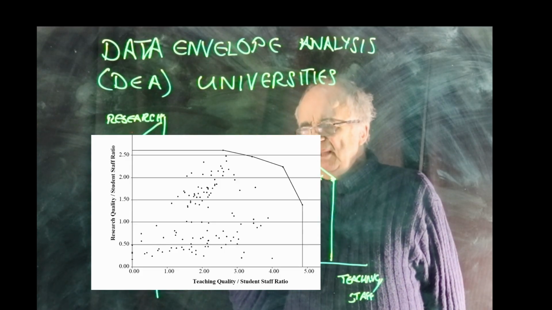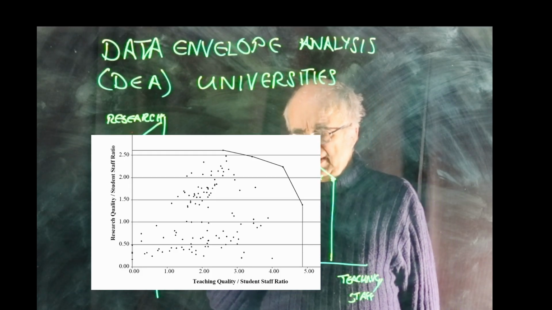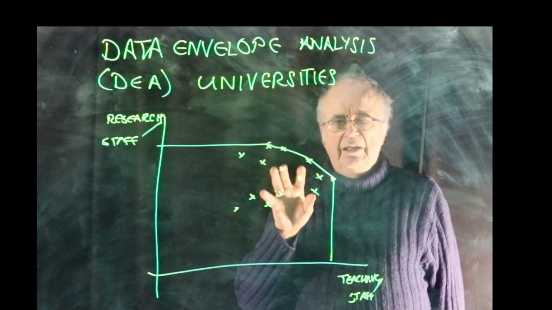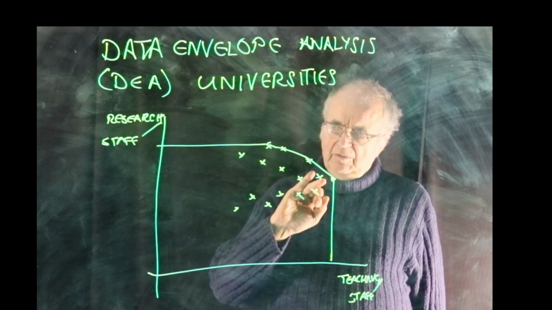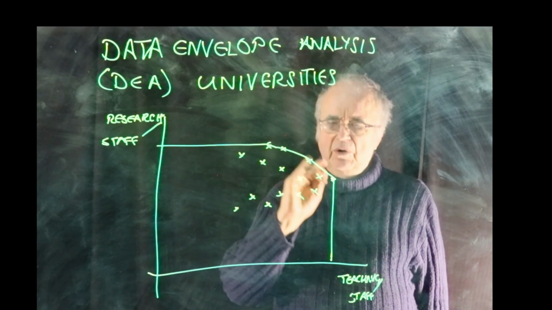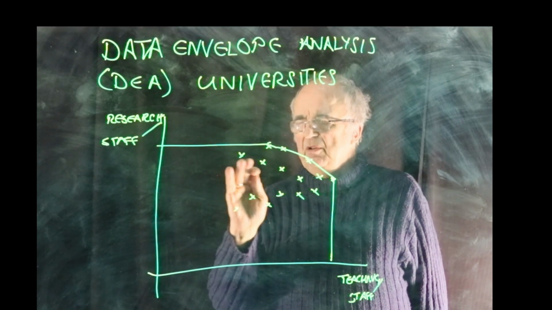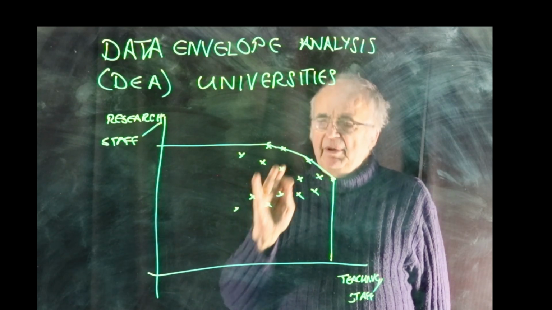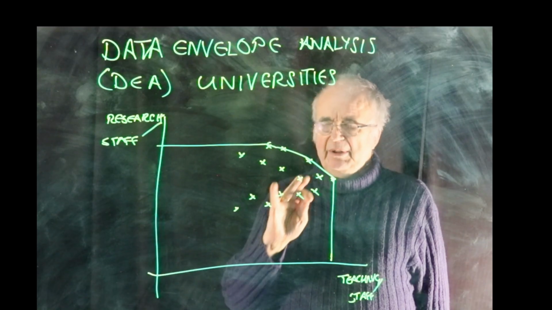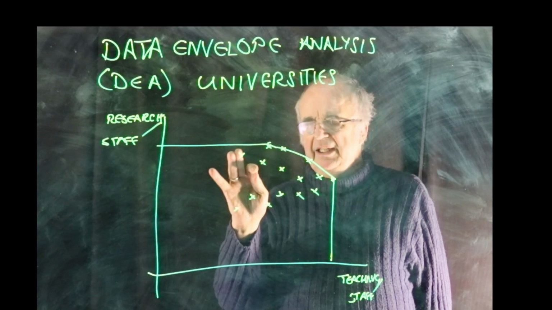So now that we've got this way of looking at performance, we can now draw our own league tables which says that the institutions along the boundaries are going to get a score of 100, and every other institution is going to get a score of less than 100 by virtue of it being not on the boundary, but the closer it is to the boundary, if it's close to the boundary, it will score 80, 90.